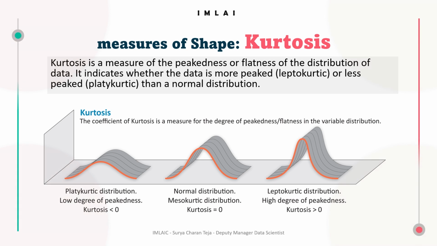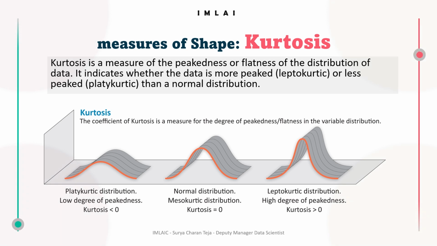If kurtosis is closer to zero, the distribution is approximately normally distributed. Again, I'm repeating, if the kurtosis is close to zero, the distribution is approximately normally distributed.